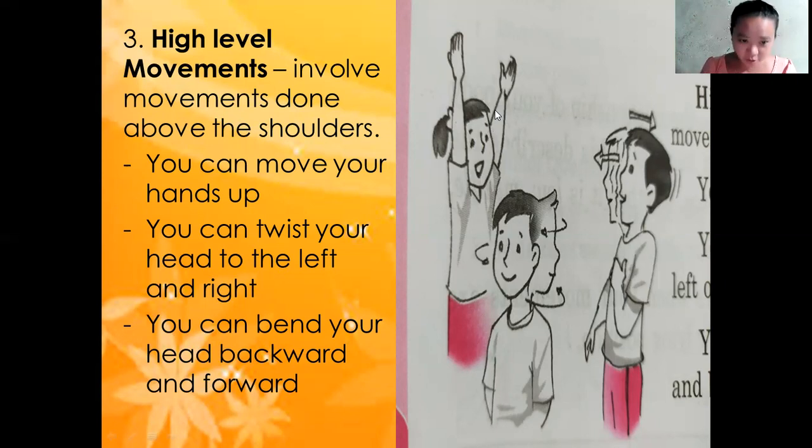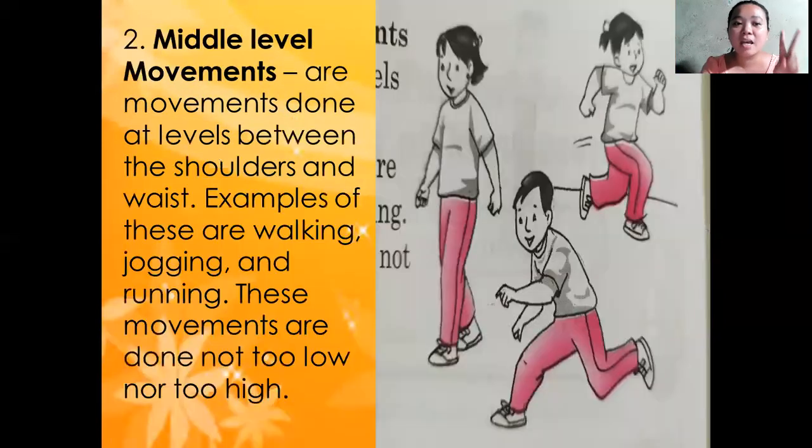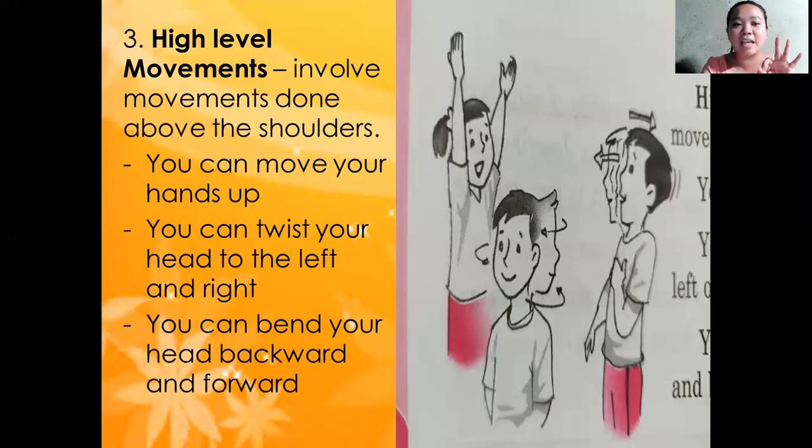And when you bend your head backward and forward, it is high level movements. Again, we have the three types of movements: the low level, the middle level, and the high level movements.